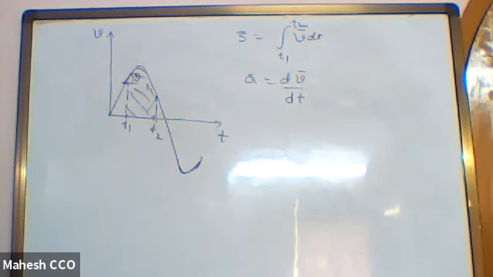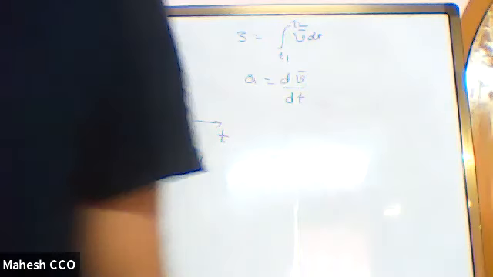So that is about displacement and acceleration when velocity time graph is given. Next is when acceleration time graph is given.